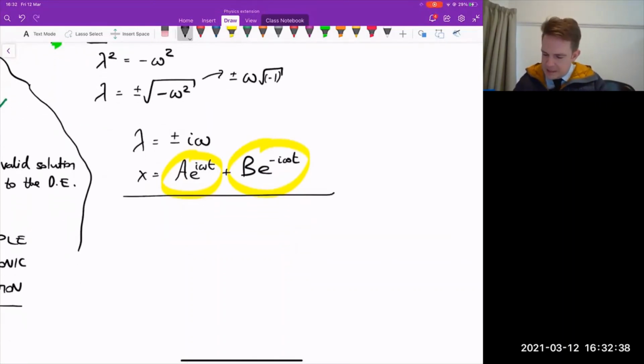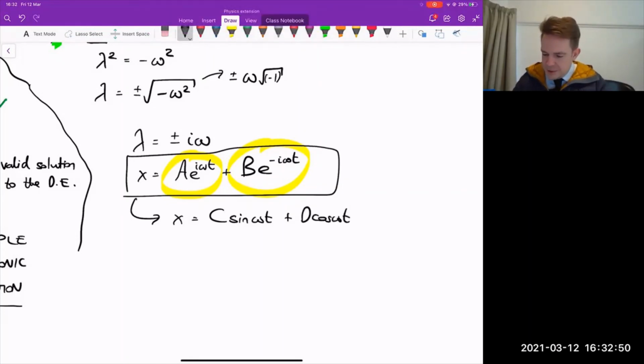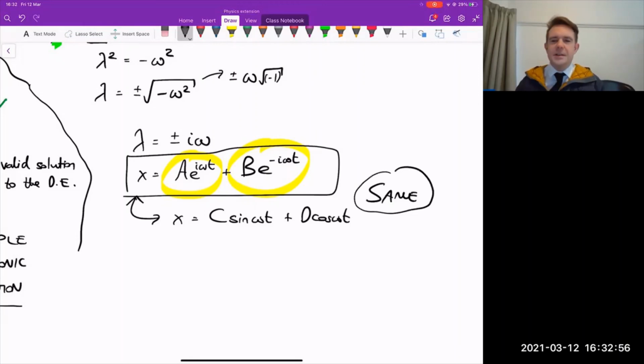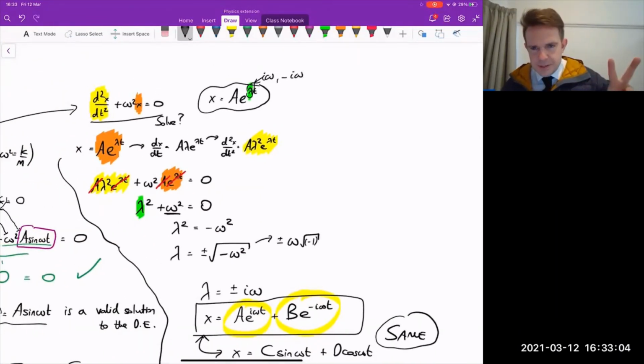Now, you can write this thing as this, and I'm not going to explain why, I'm sorry. But these two are the same, which is mind-blowing when you first come across it, because what I've just demonstrated to you is twofold in its awesomeness.